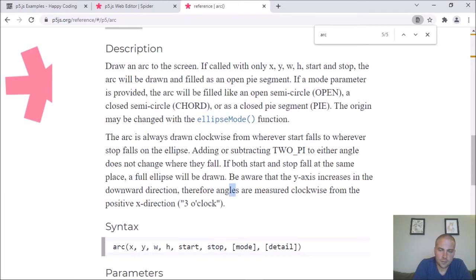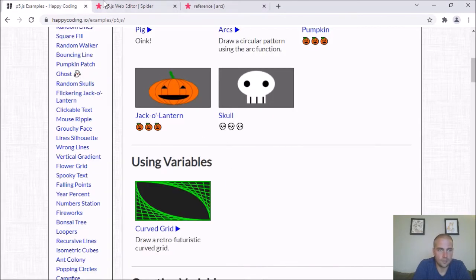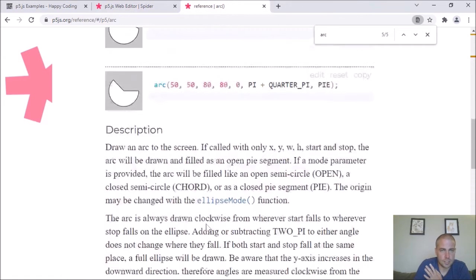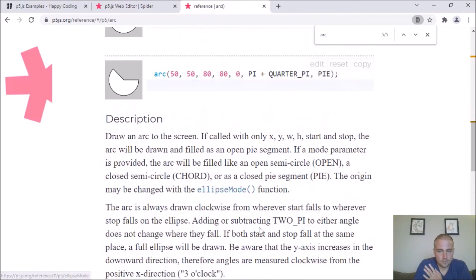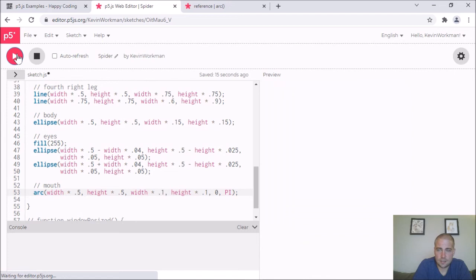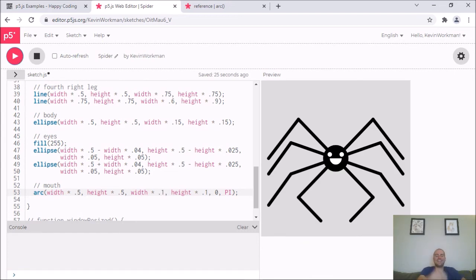So angles are measured clockwise from the positive x direction, which is 3 o'clock, which is where my mouth is going to start, kind of over here at the 3 o'clock position, and they need to go all the way to the 6 o'clock position, which is just pi, I think. And let's just see what this does. That's really cute. I like that. I like it a lot.